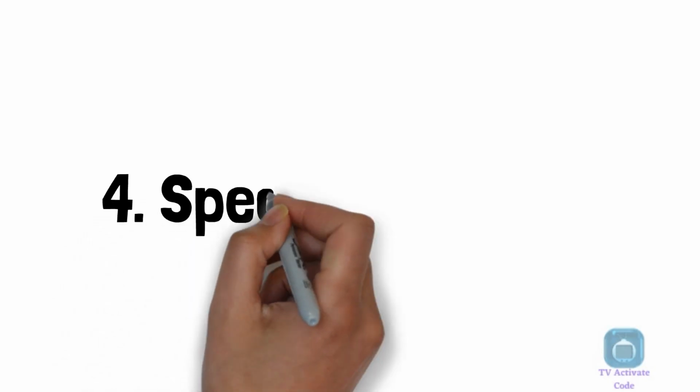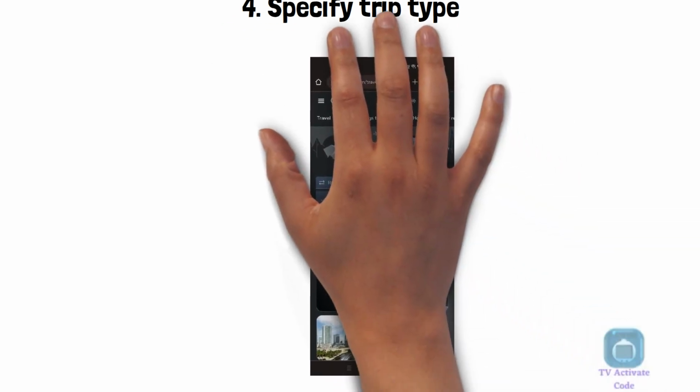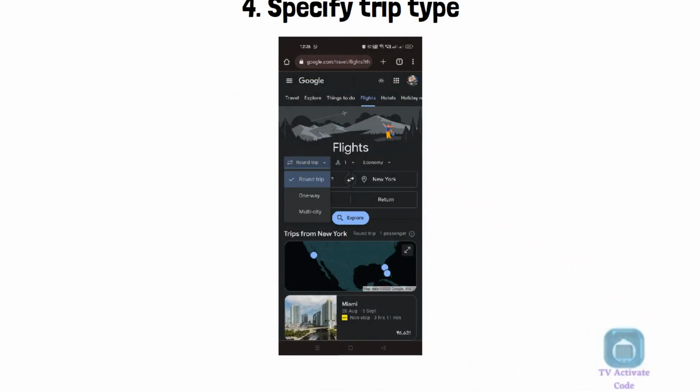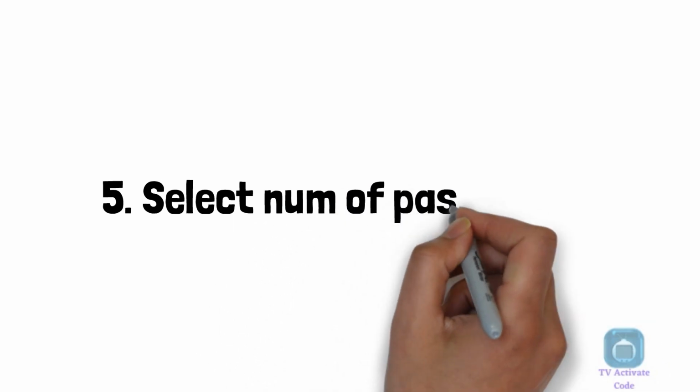Step 4. First, specify if your trip is round trip or to multiple cities or one-way. Step 5. Then select the number of passengers.